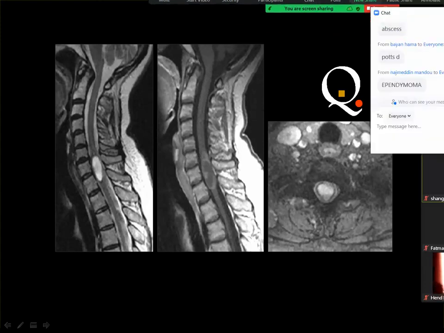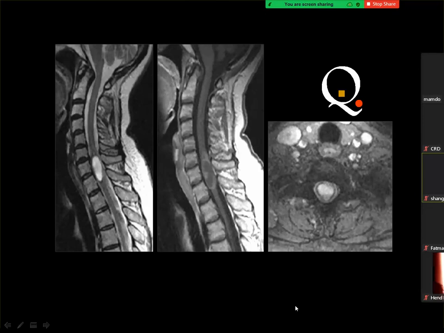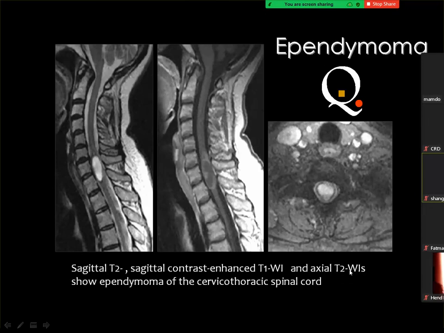Yes, and because of the short segment and the enhancement, then the ependymoma is the right answer. And if you are lucky enough to look at the T2 weighted images, and if you see low signal hemosiderin along the edge of the tumor, either the proximal edge or the distal end, this can support your diagnosis of ependymoma.